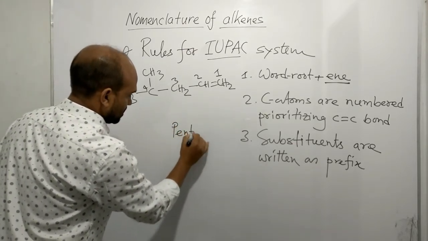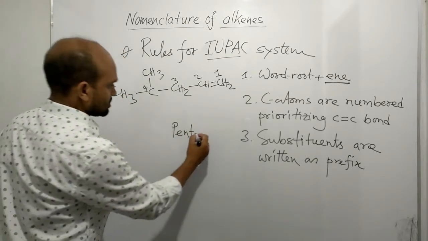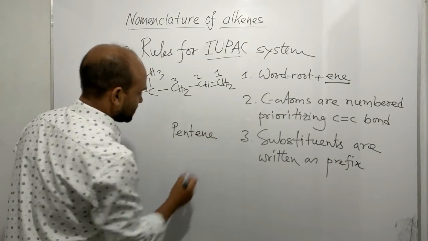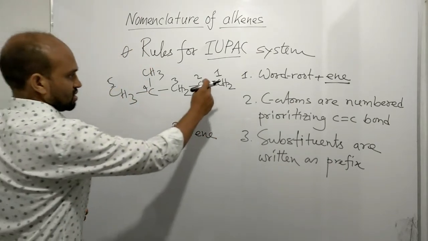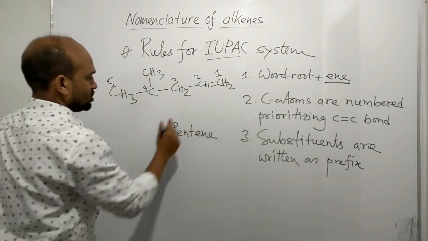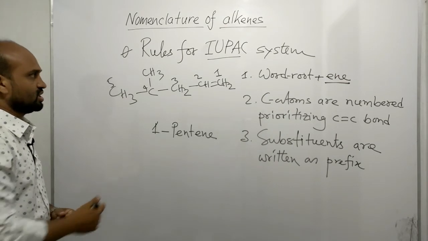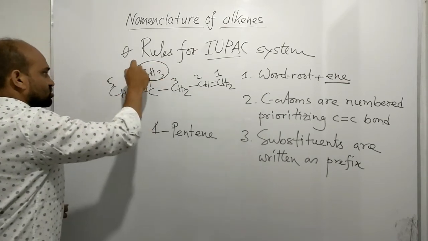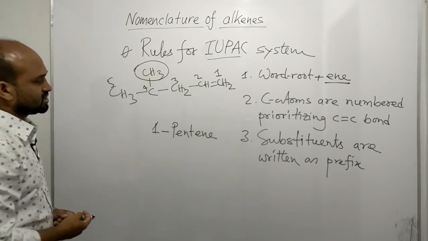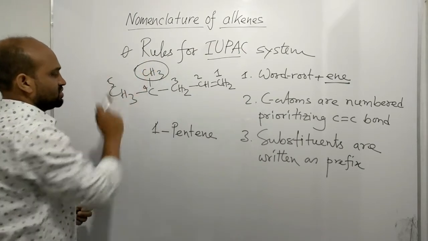Pent is the root here, word root, and suffix is here "ene", pentene, and with first carbon there is a double bond. So 1-pentene, we can write 1-pentene, and here this is the substituent, and this substituent is at carbon 4 and its name is methyl.